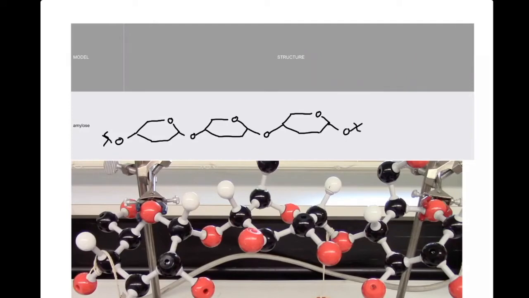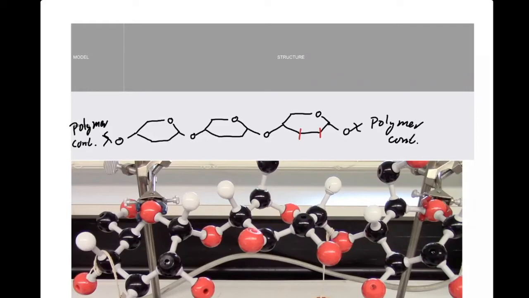Now at this point, the polymer will continue, and the polymer will continue. The polymer will just keep going from left to right.